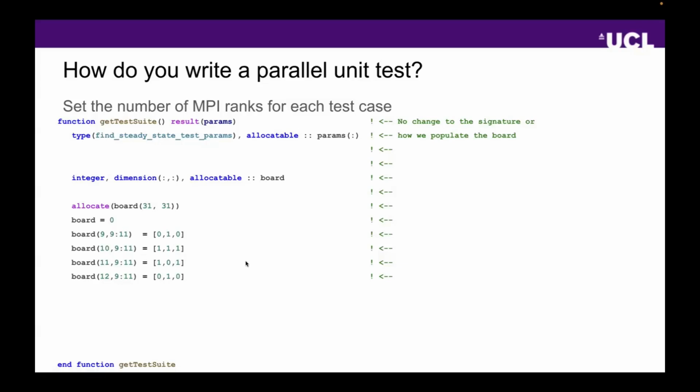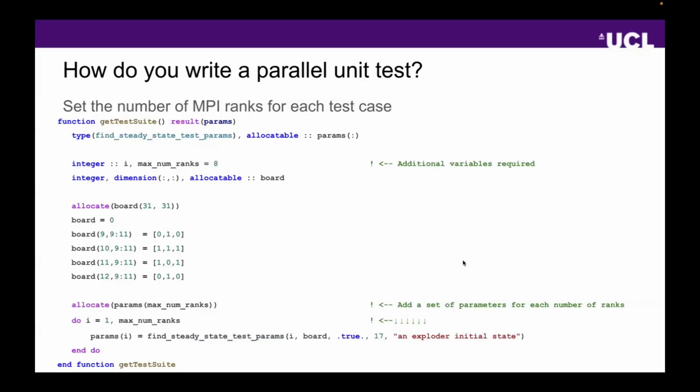The key difference is now that we want to specify multiple parameter sets, one for each different input rank that we want to use. And we do that like this. I'm going to allocate this parameter array with some max number of ranks, up to the maximum that I want. It's 8 in this case because that's what my device will work with. And then I'm looping over here and creating these parameter types.